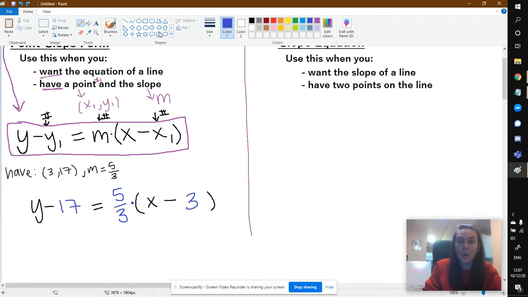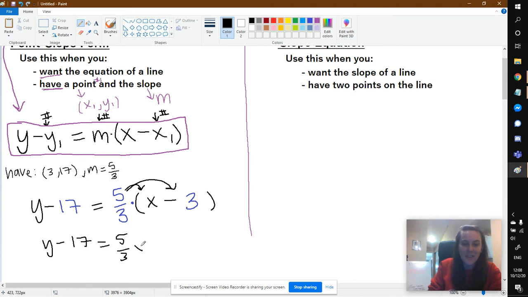If we wanted to put it in y equals mx plus b form, which is what we've been doing, we would distribute the 5/3. See, there's a reason we did all this distribute stuff, right? That becomes 5/3 x minus 5 times 3 is 15. 15 divided by 3 is 5. And then we would add 17 to both sides to solve for y.